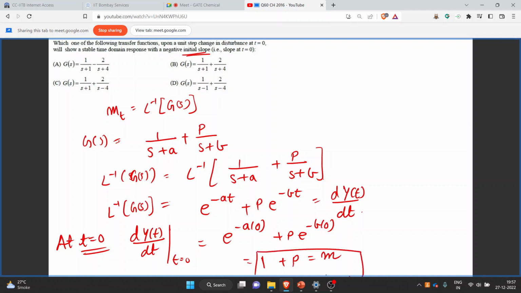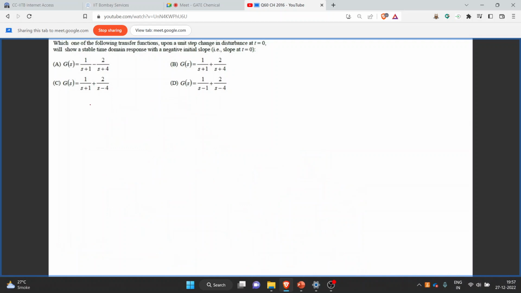So the slope we found out to be 1 plus p. Now for the first transfer function, the slope will become 1 plus p, and the value of p is minus 2, that is 1 minus 2 equal to minus 1. So over here we are getting a negative initial slope.